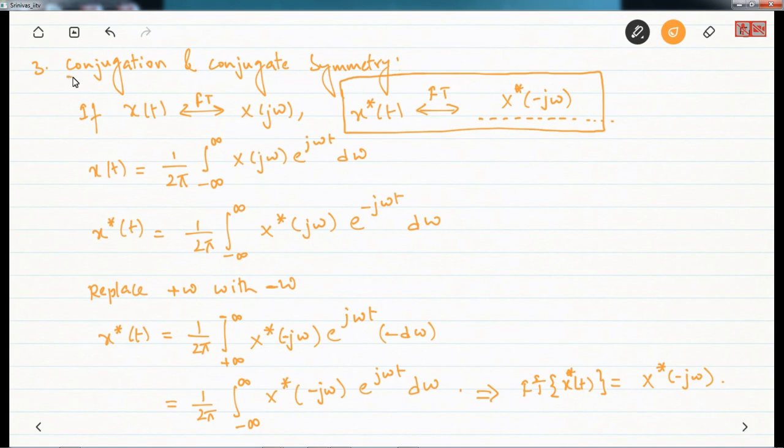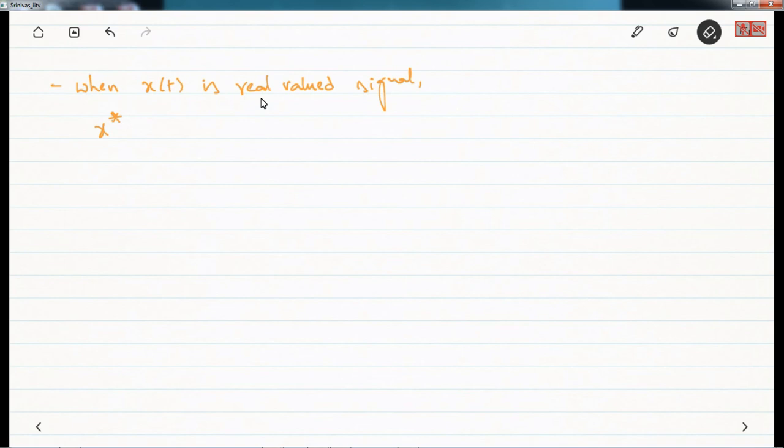So this is the conjugation property. Now let's see, when x of t is a real valued signal, we have x of t equal to x conjugate of t.